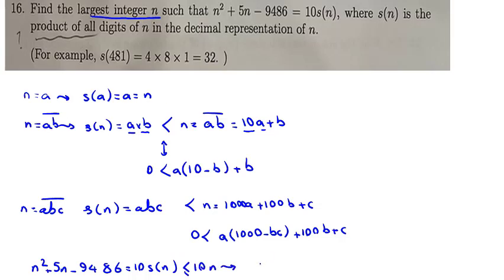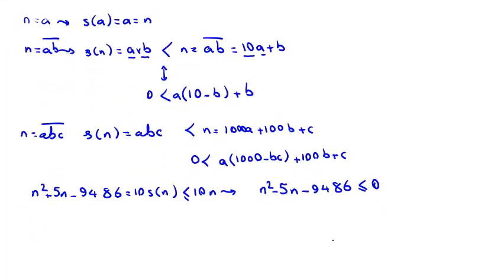Not important. So n squared minus 5n minus 9486 is less than or equal to 0. I've taken 10n to the left-hand side, so it will be negative 10n. Now here we want to solve for which intervals n is in. We don't need to find a specific answer here.